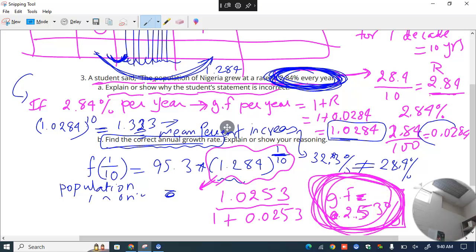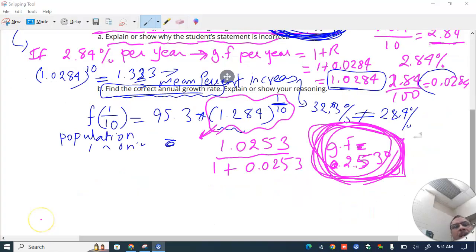Now I will continue this. So this is the main answer for the growth factor. The growth factor is 1.284, which is the factor for 10 years. But then I wrote it as one point.